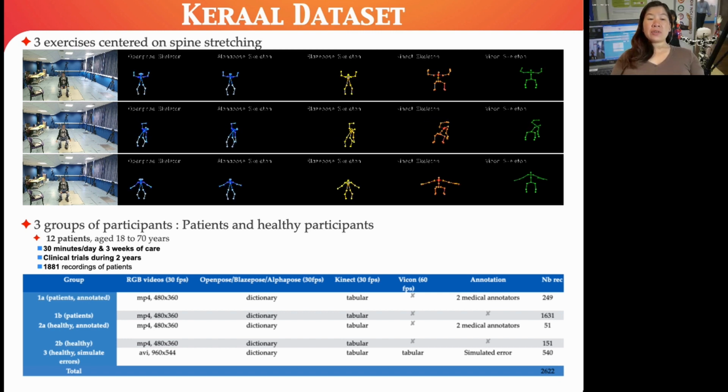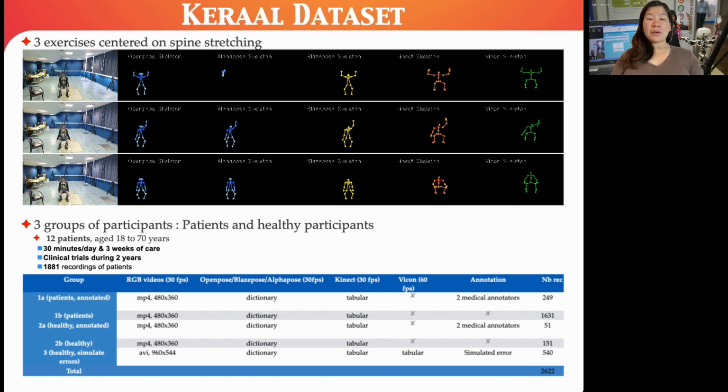So this constitutes the group 1 of patients, and part of the group 1 are in the group 1A, so their recordings are also annotated by 2 medical annotators. Each recording comprises an RGB video, and from that video we can extract the skeletons using OpenPose, PosePose, and AlphaPose.